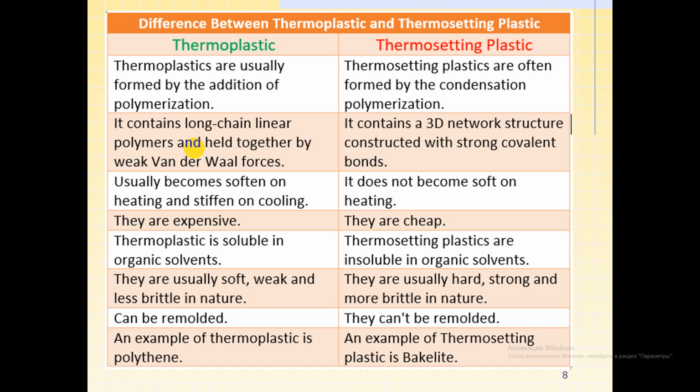They're expensive. Thermoplastics are soluble in organic solvents. They are usually soft, weak, and less brittle in nature. Can be remolded. An example of thermoplastic is polyethylene.